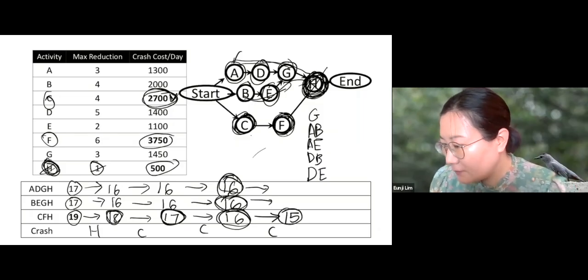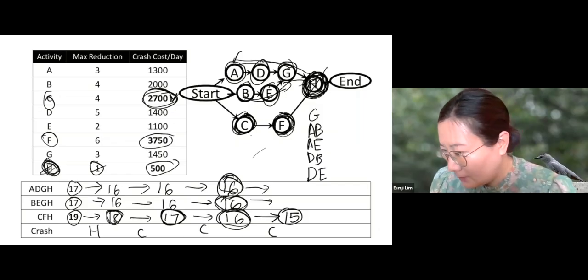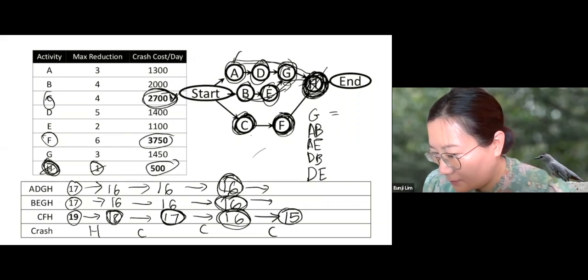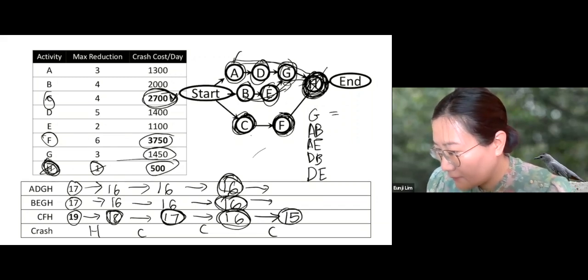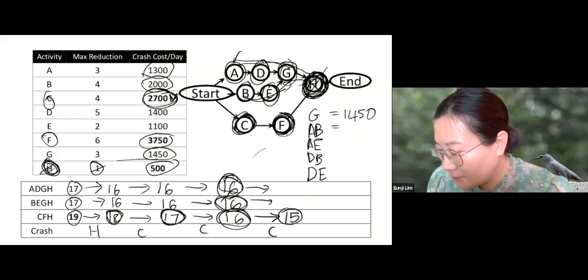And then we're gonna compute the cost of each solution, and we'll choose the one with the least cost. So how much does it cost to crash G? To crash G, it's going to cost 1,450. How much does it cost to crash A and B? A and B, 1,300 plus 2,000, 3,300.